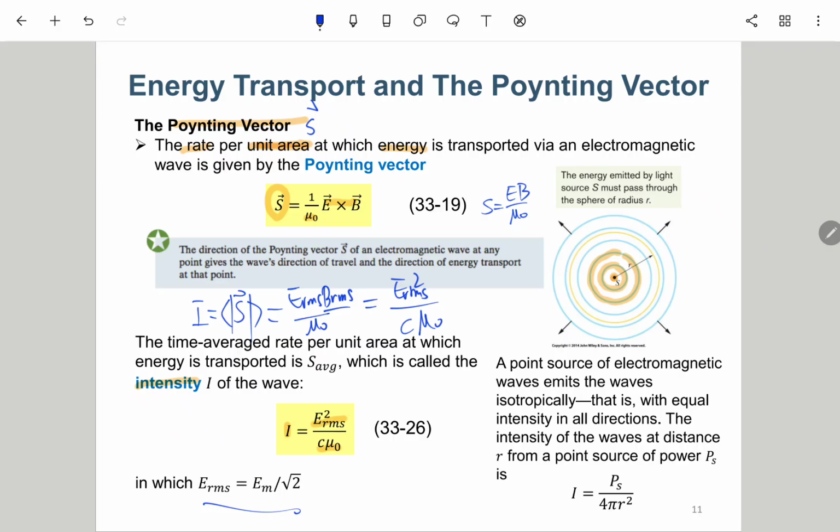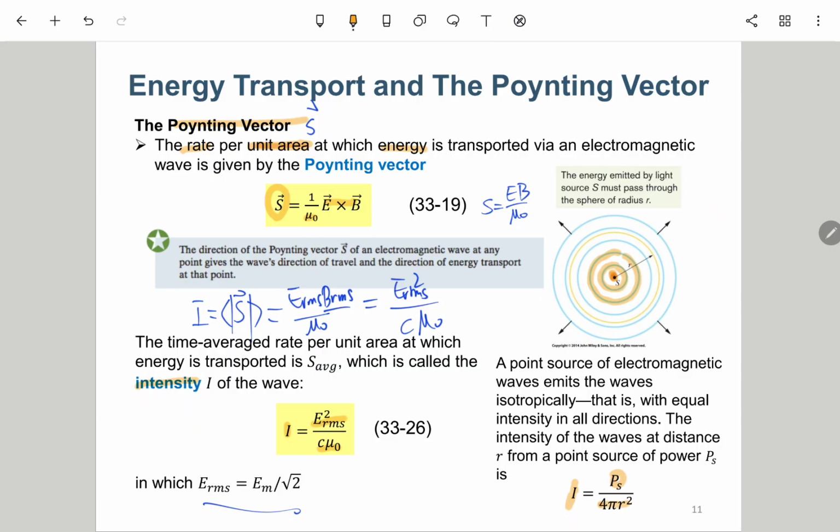And then we can also see from this side, if the source generates power P S, every single second generating some energy, the intensity at different radius will be P S over 4 pi r squared.